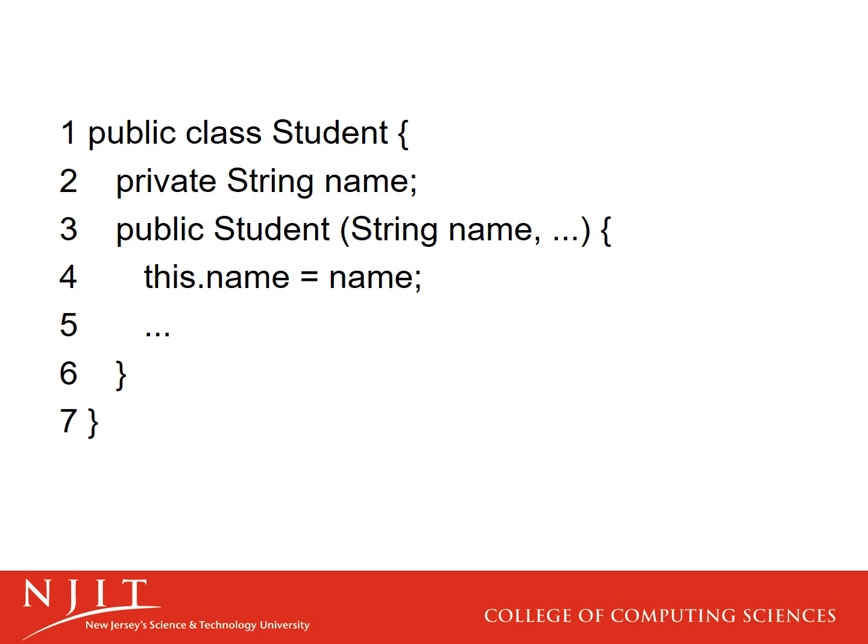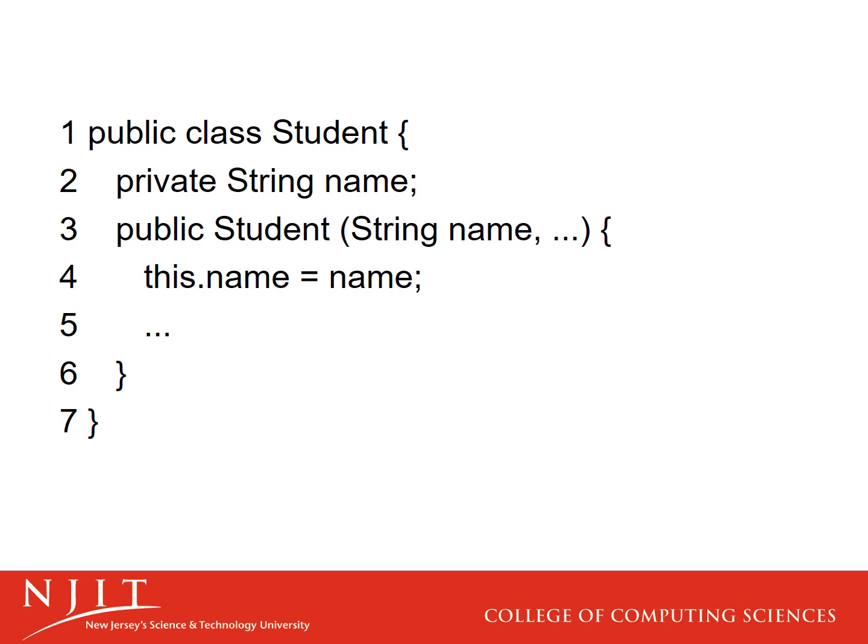So that's sort of no bueno. Inside that method, now I've hidden the variable declared at line 2, and I can't access it. But this is a constructor. I need to initialize it. So the keyword this comes to the rescue here. Line 4, I say this.name.